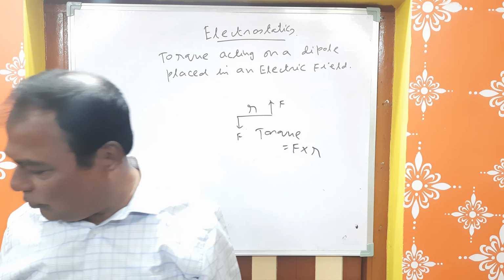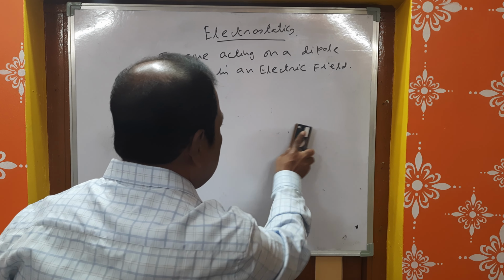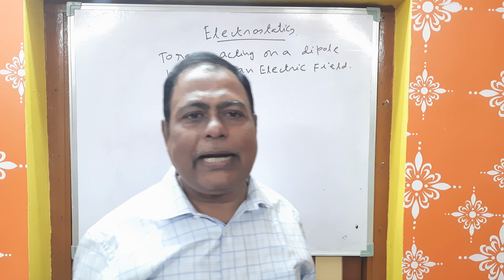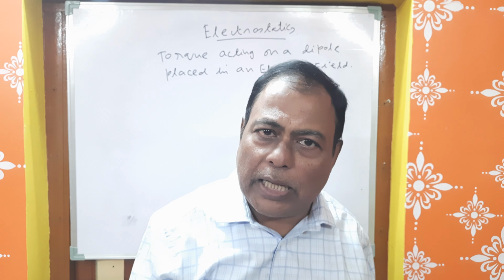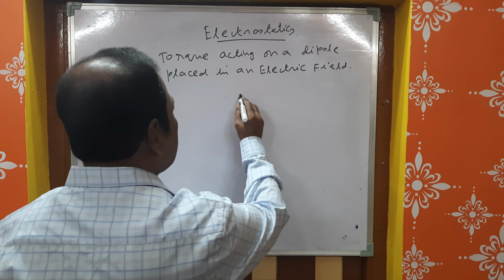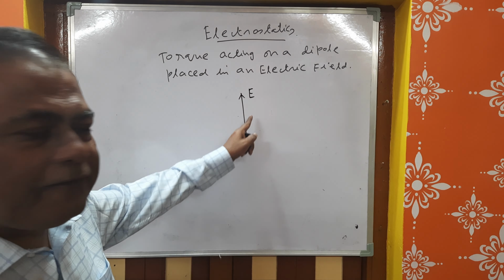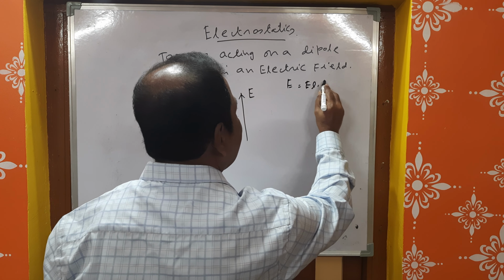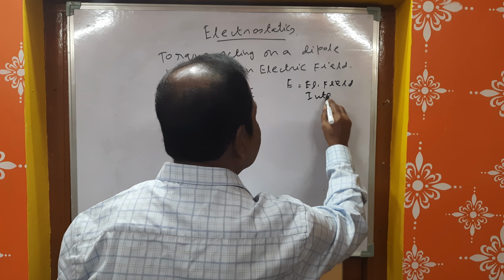In the dipole, I have already taken lots of classes regarding the dipole. Dipole means equal and opposite charges separated by some distance. So suppose this is the electric field E, the electric field intensity.